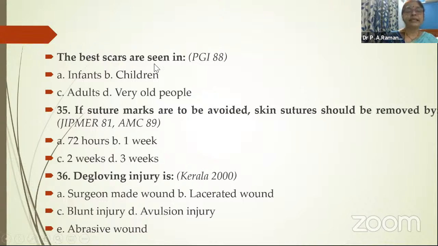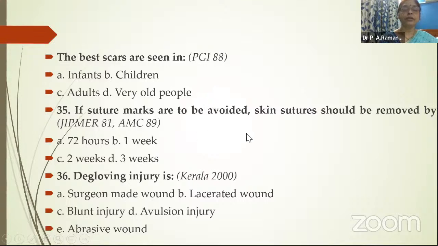Next, best scars are seen in infants, children, adults, very old people. So of these four, infants have the best scars. If suture marks are to be avoided, skin sutures should be removed by 72 hours, 1 week, 2 weeks, 3 weeks.